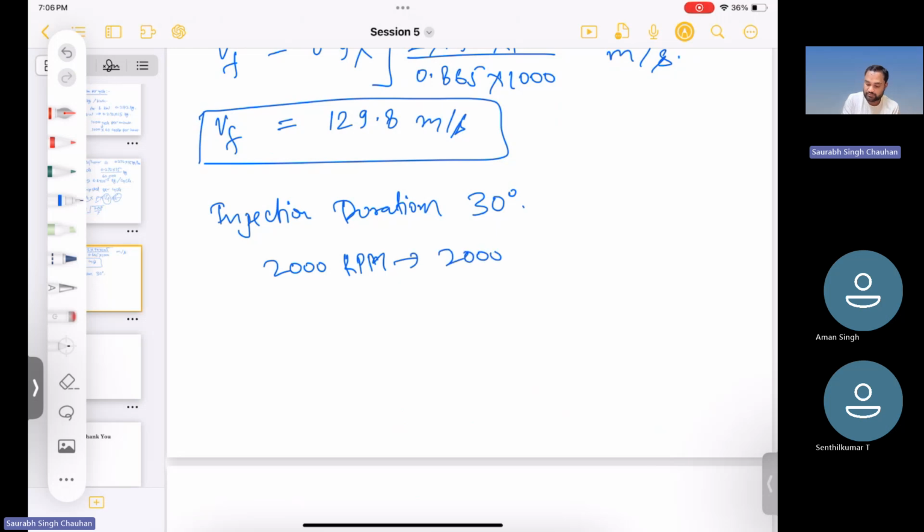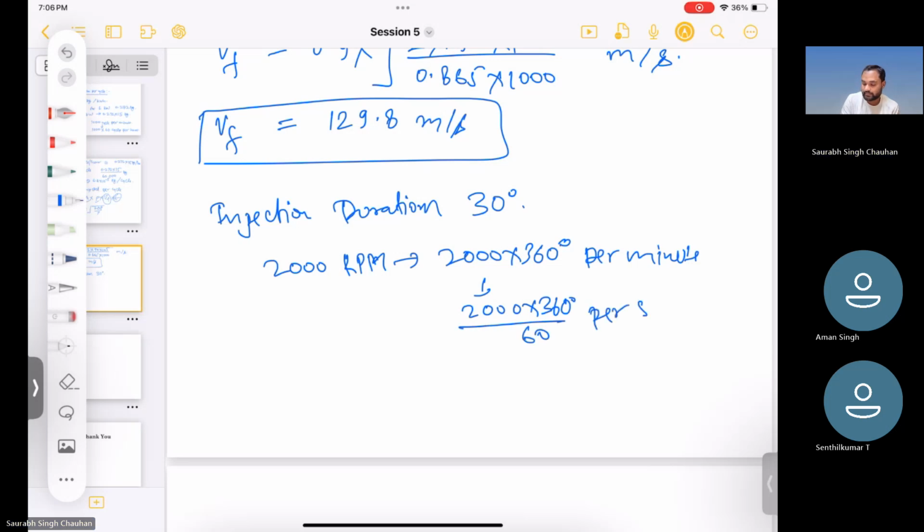So this means 2000 times 360 degrees per minute, or 2000 into 360 divided by 60 per second.